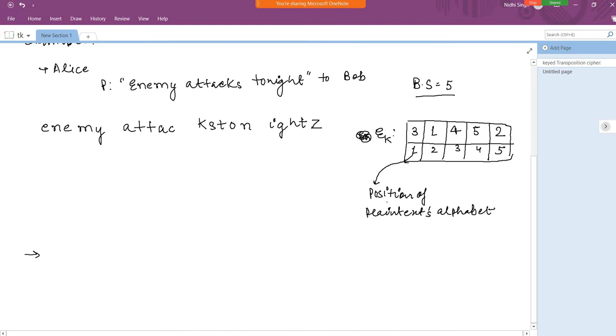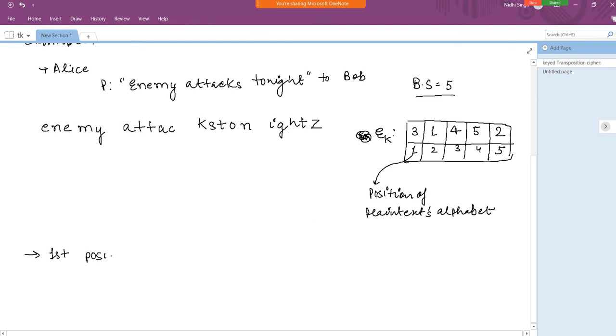The first position in the alphabet of the plain text will be replaced by the third position alphabet in the ciphertext. Okay? So let me write first.